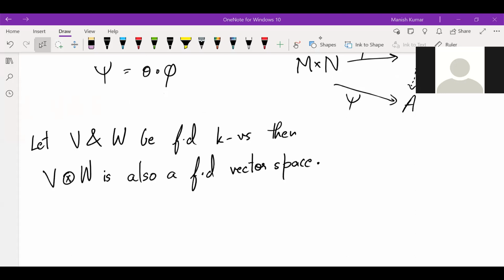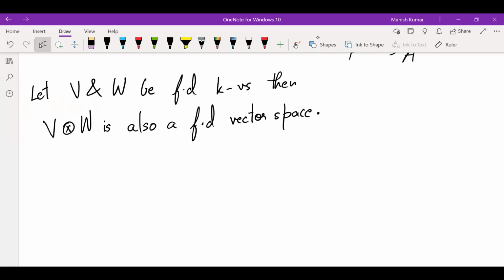Say V has basis V1 to Vn and W has basis W1 to Wm. Then the elements of the basis would be like V tensor W and so on. The dimension would be the product. Yeah, exactly.